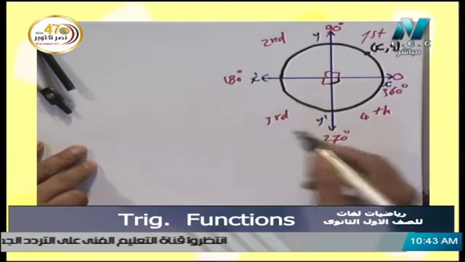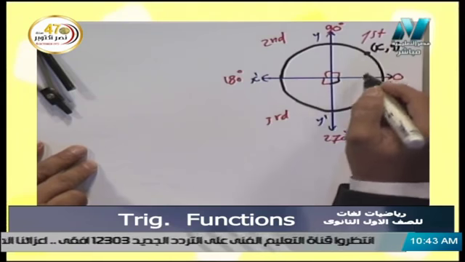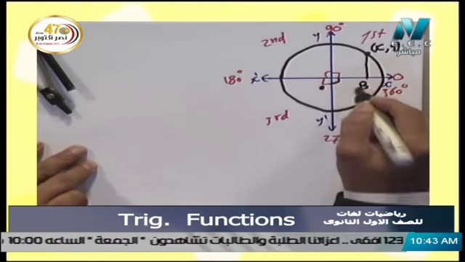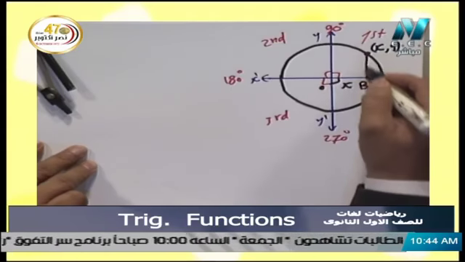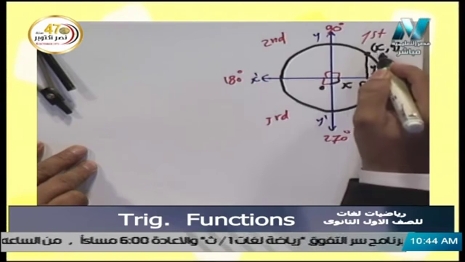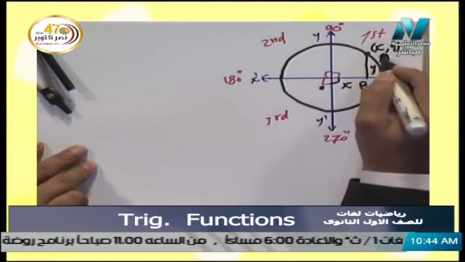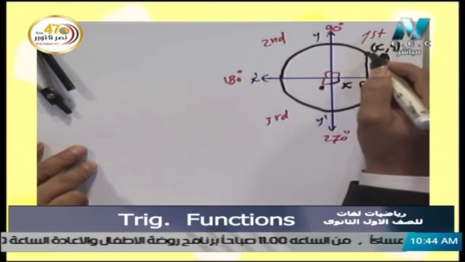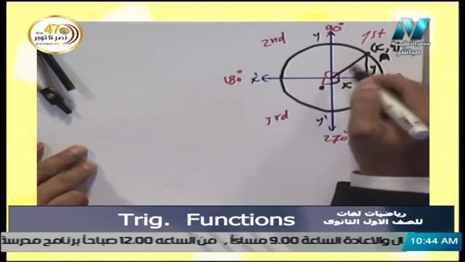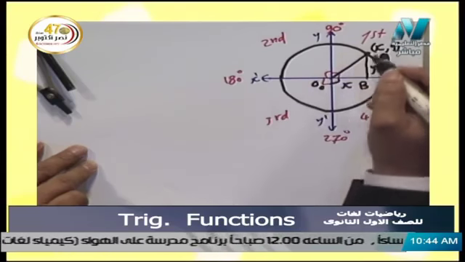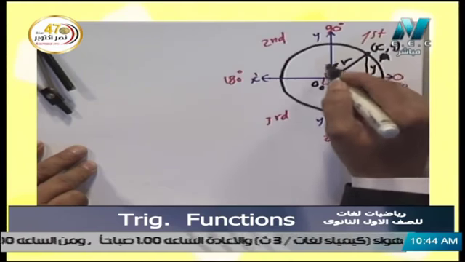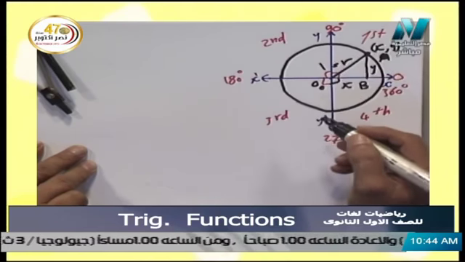Okay, what is x? X is this part from the origin point to b as example, and this part is y. If we call this point A, so the line segment AB represents y, and OA is the radius, which is 1, equals 1 unit because it's unit circle.